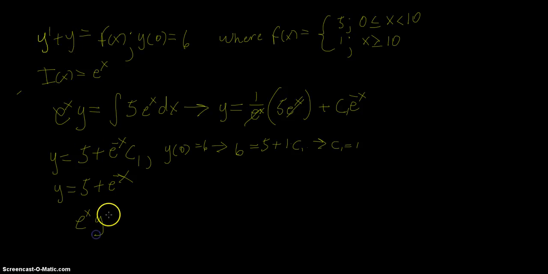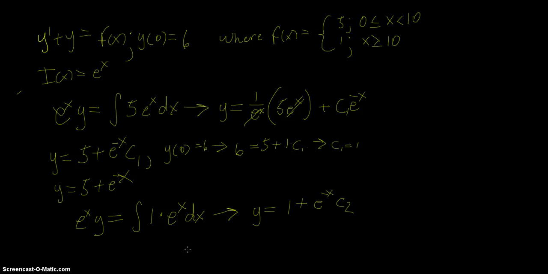So e to the x times y will equal the integral of q of x, which is 1, times e to the x, our integrating factor, dx. So this will give us y equals 1 plus e to the negative x times c2.